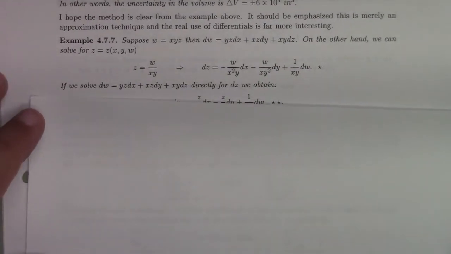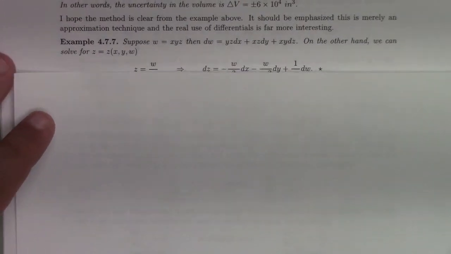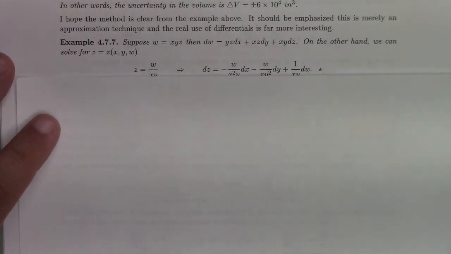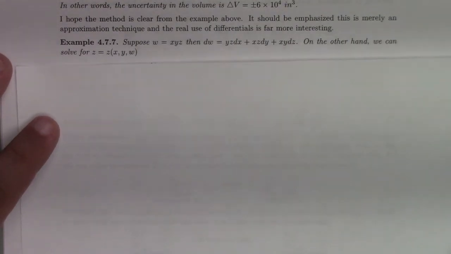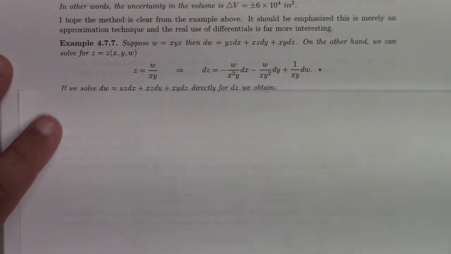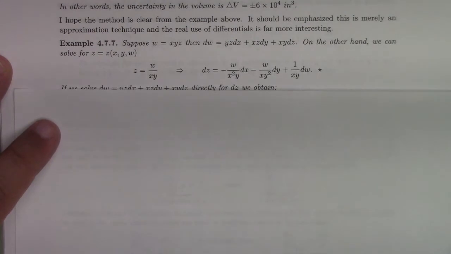Here's another example. W equals xyz. dw is yz dx plus xz dy plus xy dz. And great. So you could also solve for z. z is w over xy, right? And then dz would be minus w over x squared y dx minus w over x y squared dy plus 1 over xy dw.